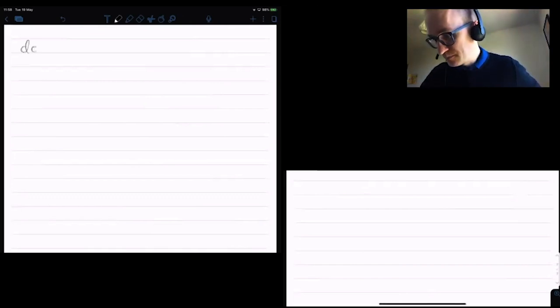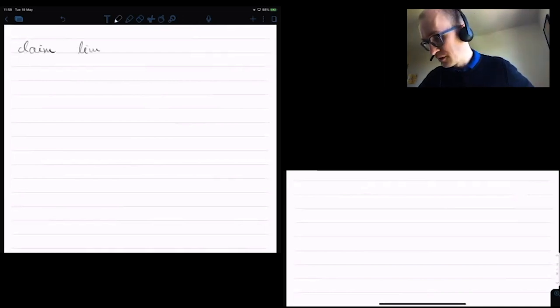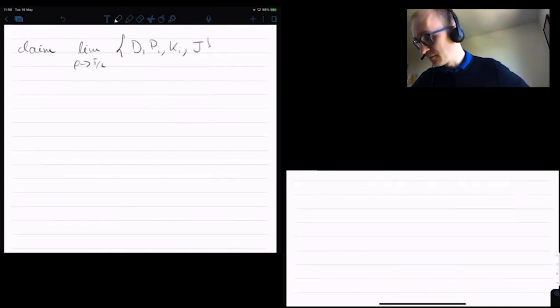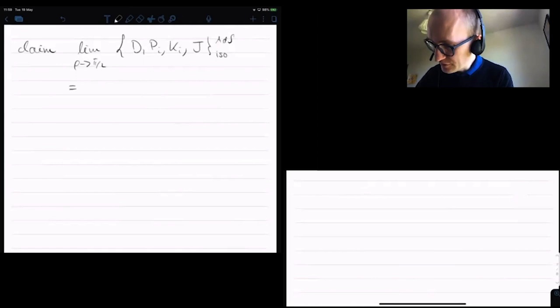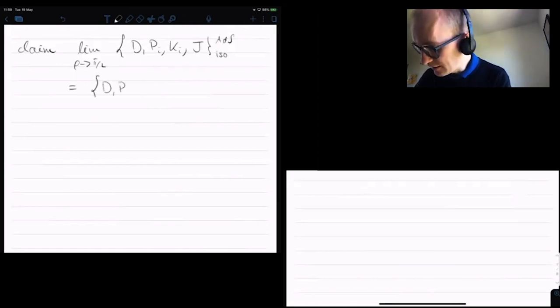So let me take the boundary limit, okay? And let me make the claim, namely that the limit of rho going to the boundary, which is pi over 2, of this whole bunch of things, D, P_i, K_i, and actually also the J's, as AdS isometries, will precisely give me the same guys, but now they're not AdS isometries.